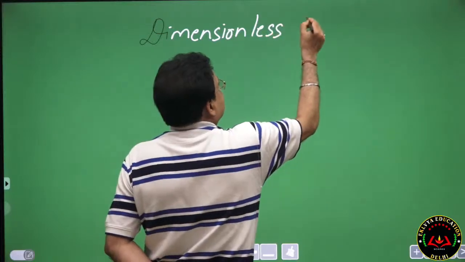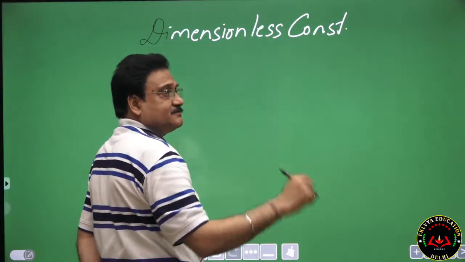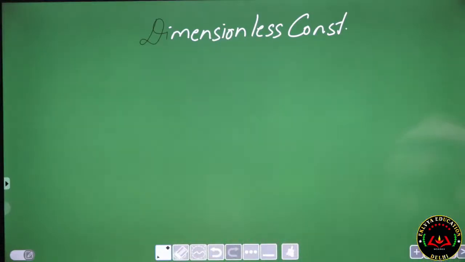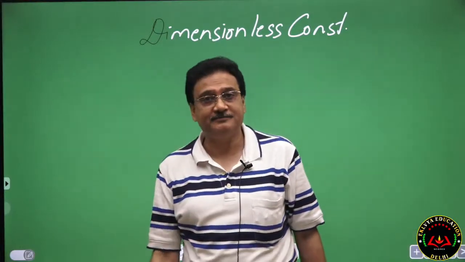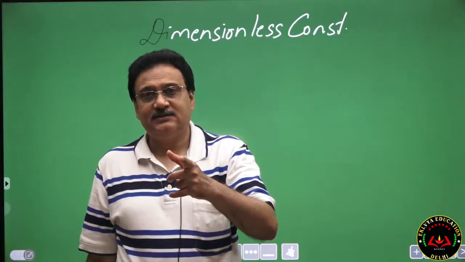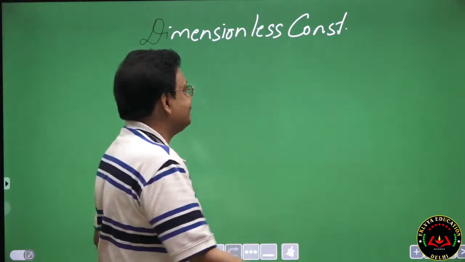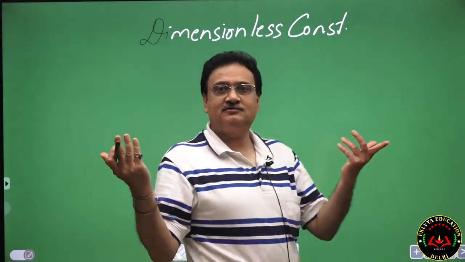Now, there are so many dimensionless constants, but they are dimensionless. Now, what are those dimensionless constants which you can have in your terms? Like the value of pi. Pi is a constant, but it does not have any dimension. Biggest example, pi. These are all dimensionless constants.